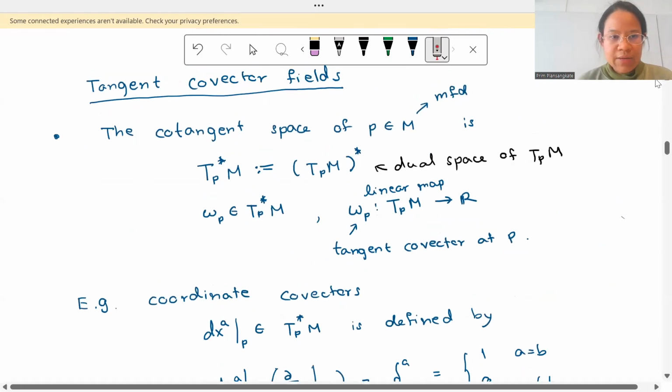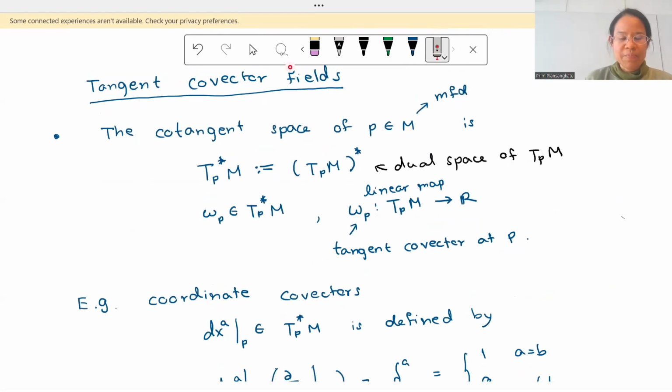Okay, now let me go next. We have tangent vector fields; now there are cotangent vector fields. Before we go to fields, let us consider cotangent vectors first.